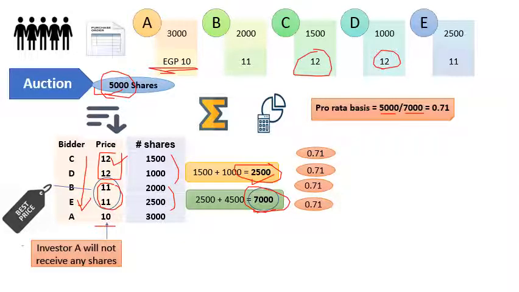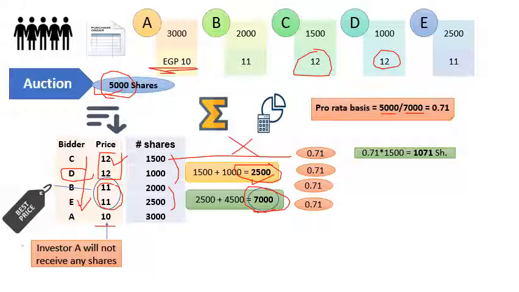So we can use this ratio to find how many shares will be allocated for each investor. Investor C requested 1,500 shares, but he will receive 71%. So 1,500 shares times 0.71 equals 1,071 shares. And in the same way, we can calculate how many shares will be received by investor D, who requested 1,000, so he will receive 714 shares.